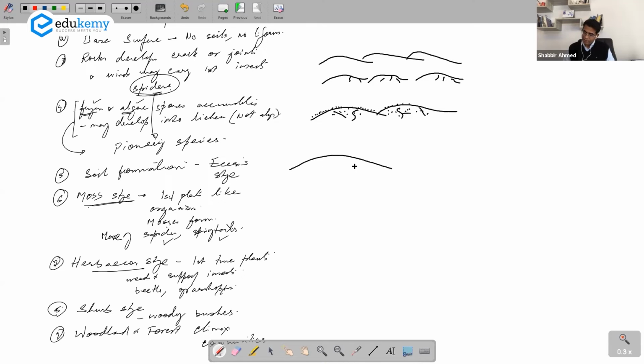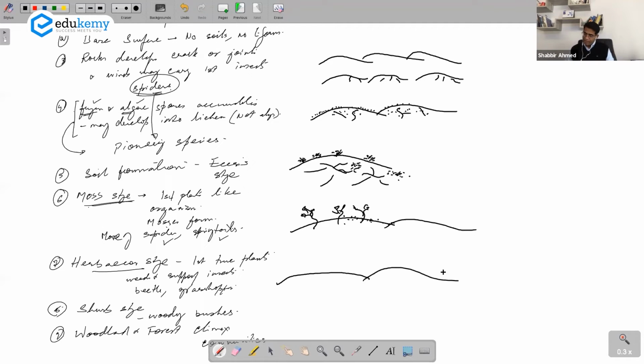Then you have the mosses. The mosses accumulate while the cracks have become larger. Then you have the first herbs, the herb stage. Then you have the bushes, so woody bushes, the stems are harder, thicker.